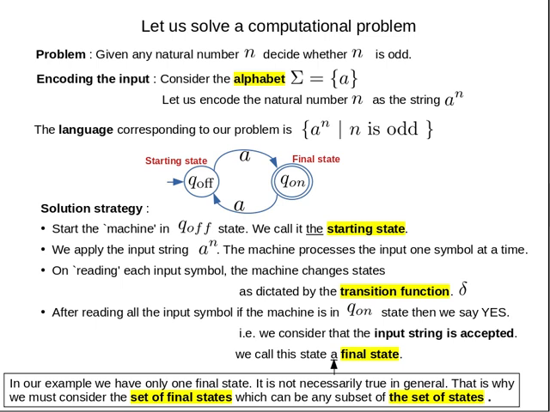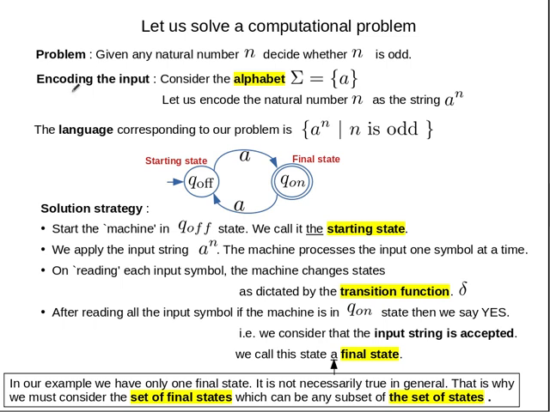The final problem is to decide for all input strings whether that string belongs to that language or not. And that language is precisely the set of all yes instances.